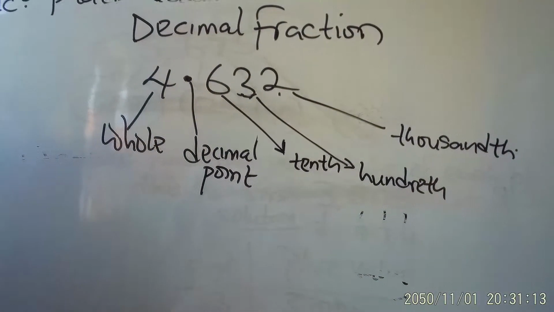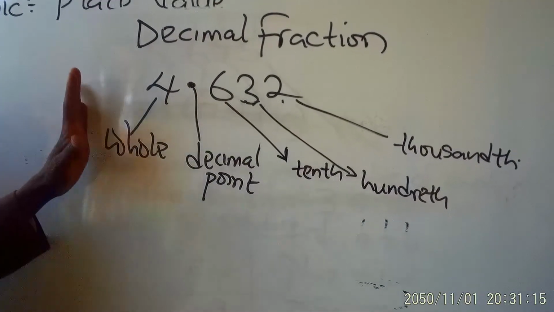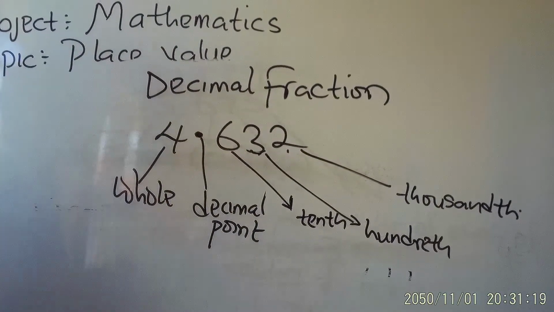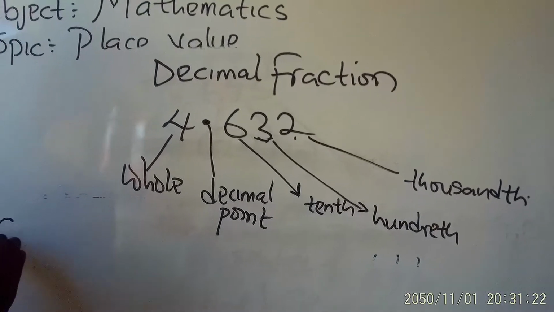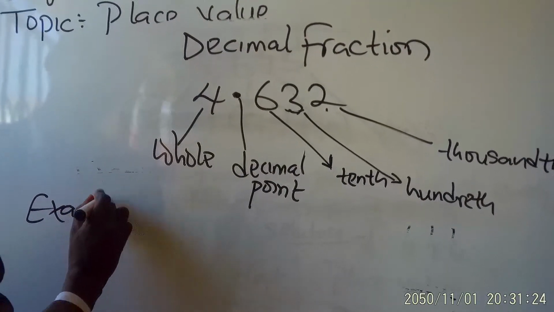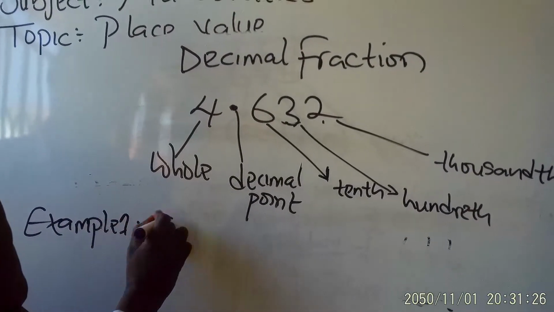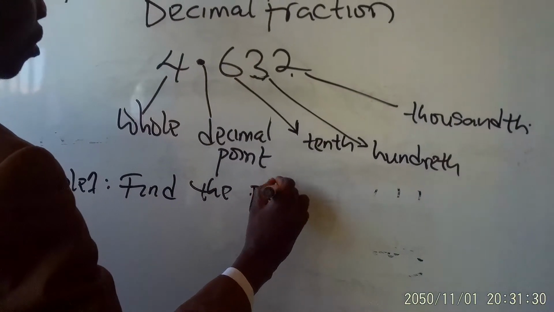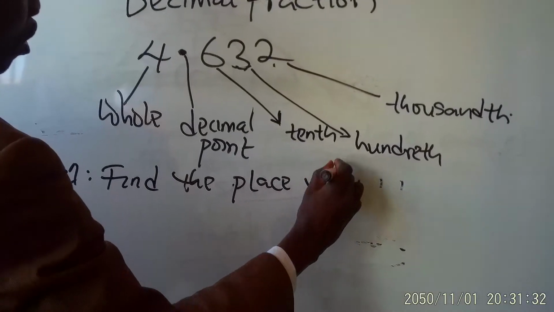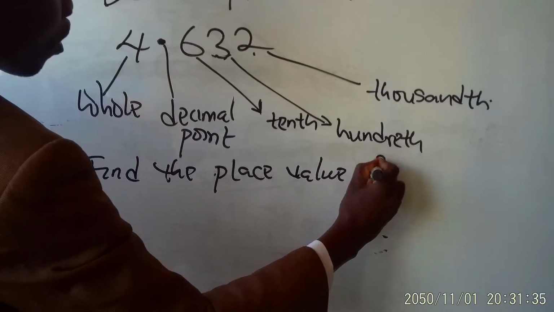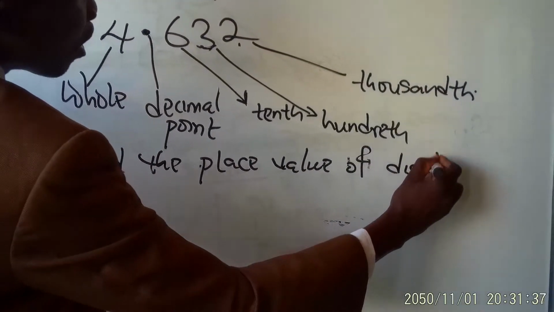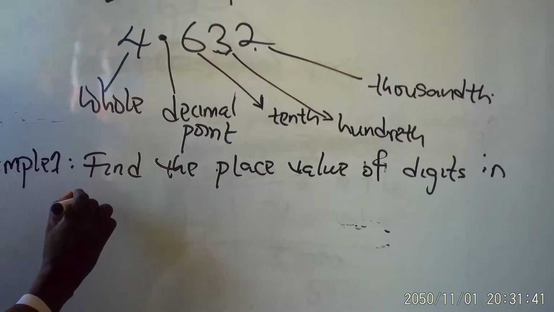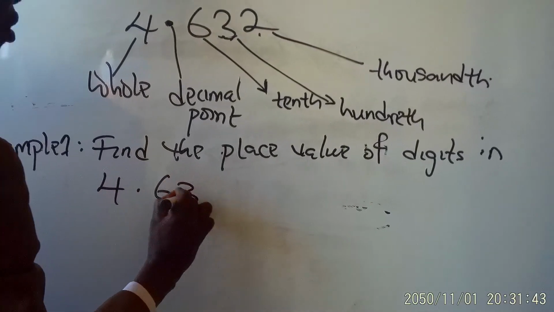Okay, so I'm going to explain to you how to find the place value of this decimal fraction. So let me take you through this example. Look at this example 1. Example 1. Find the place value of digits in 4.632.